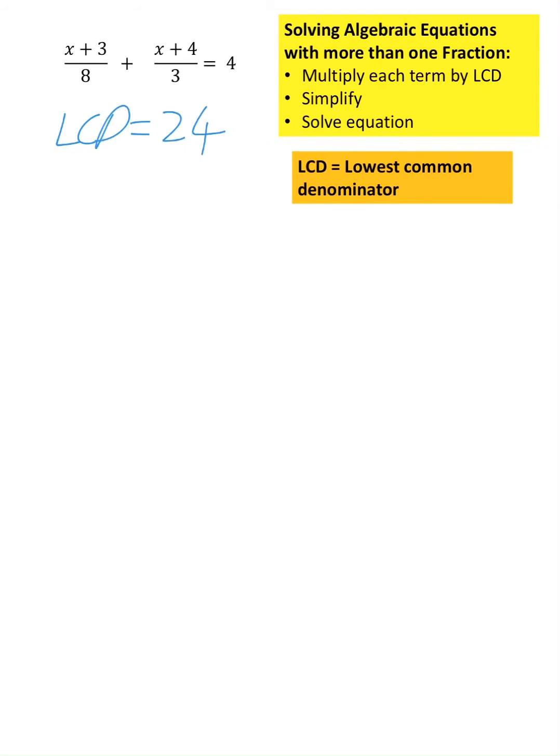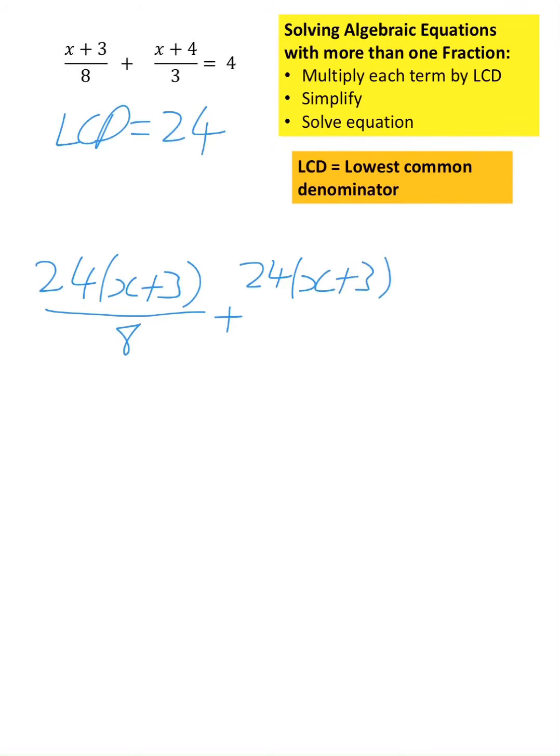So let's multiply 24 by the first one, over 8. Then 24 times x plus 4 over 3. And then 4 times 24.